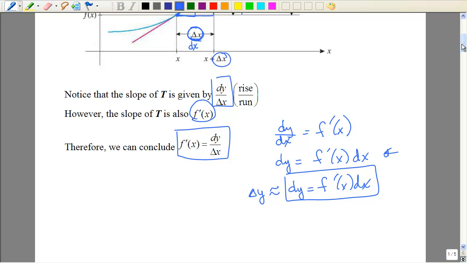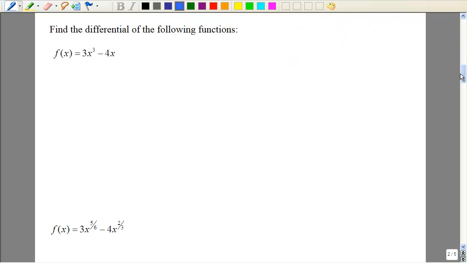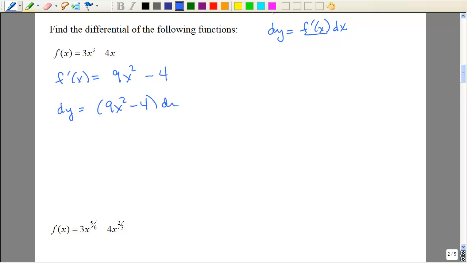Let's see how we are going to find that differential. If you recall, the differential is just the derivative multiplied by dx. So we're just going to find the derivative. So let's use that power rule. All right, so that's this part. And so our differential is our derivative multiplied by dx.